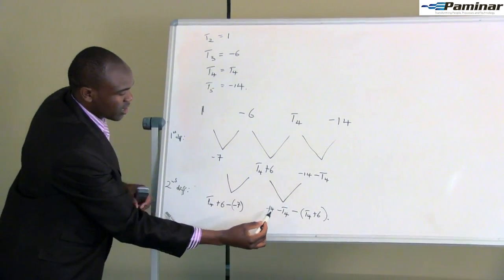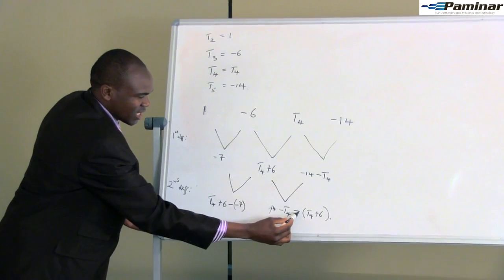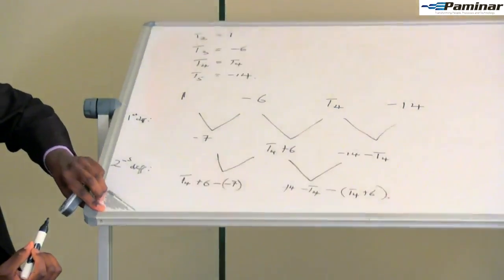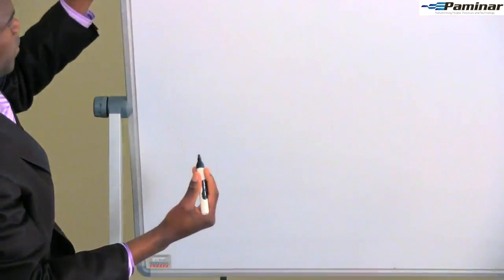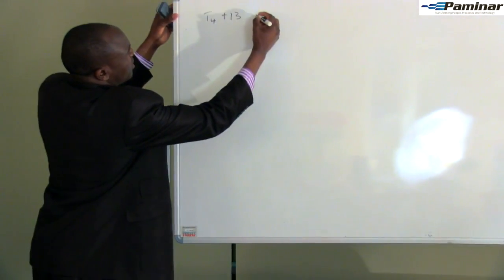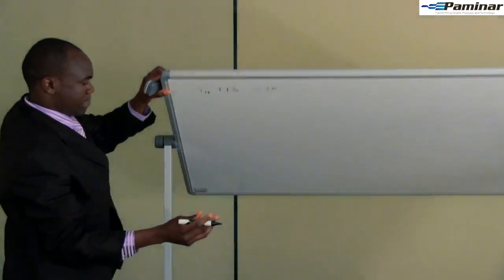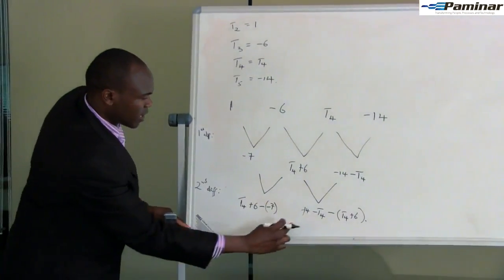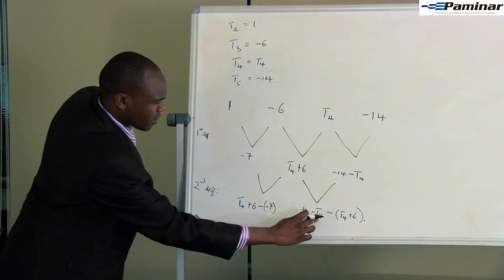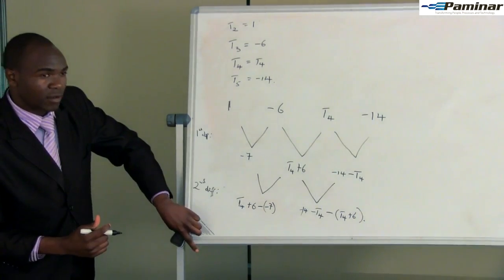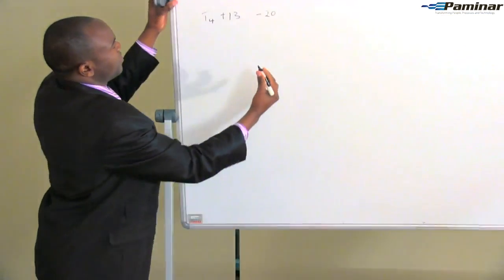Minus 14 minus 6. What is the answer? Minus 20. And then minus T4 minus T4, which gives minus 2 T4. So it is minus 20 minus 2 T4.